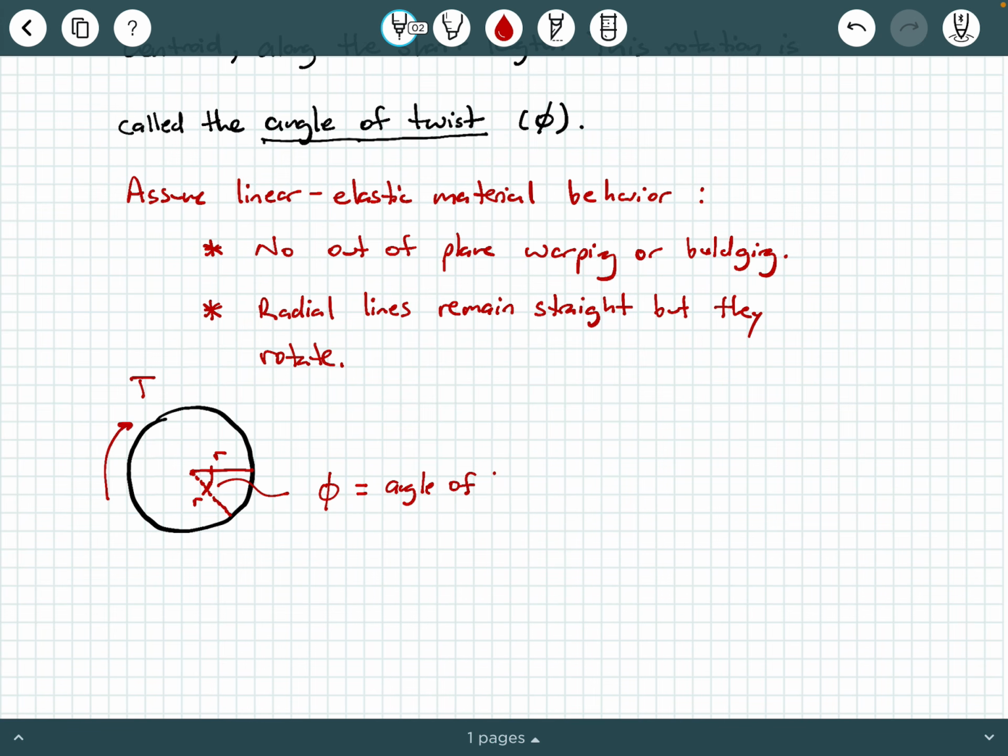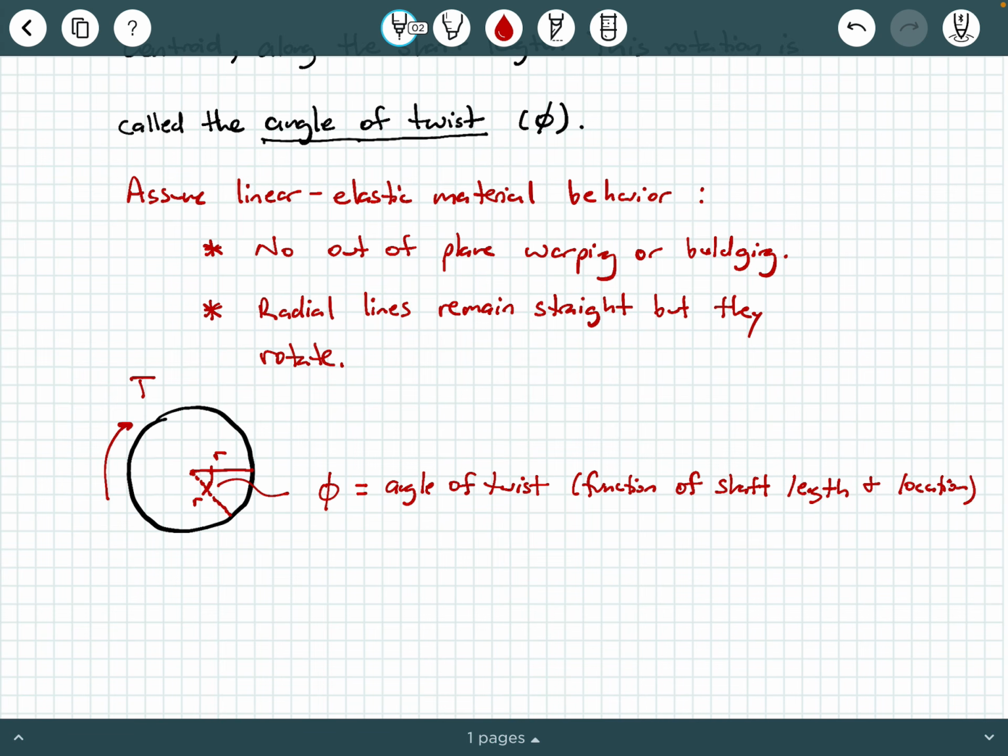Angle of twist. And it's a function of shaft length and location.